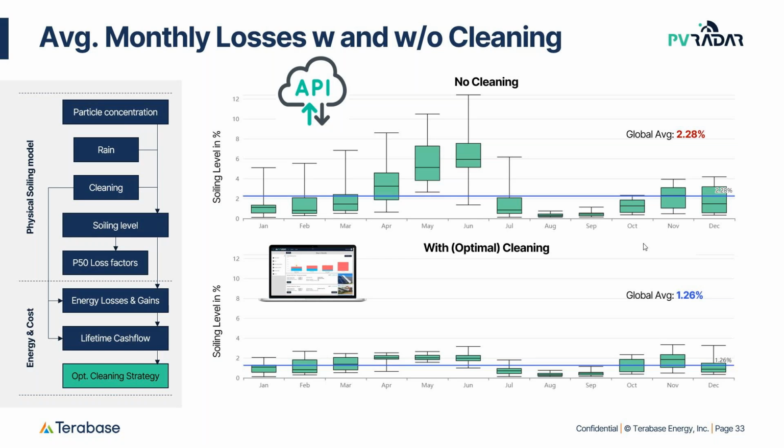And then through the platform, what you would get is the P50 soiling levels assuming the optimal cleaning strategy. And as you can see, in this case, our median soiling loss in June has dropped to just 2%, and the global average has dropped from 2.28 to 1.26%, which of course is a benefit for our yield estimation.